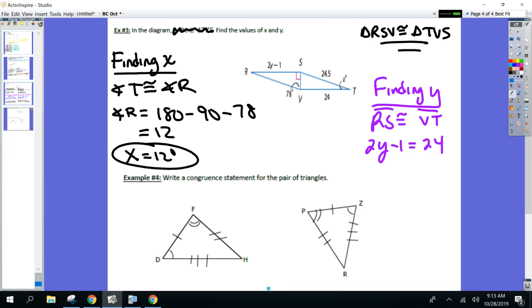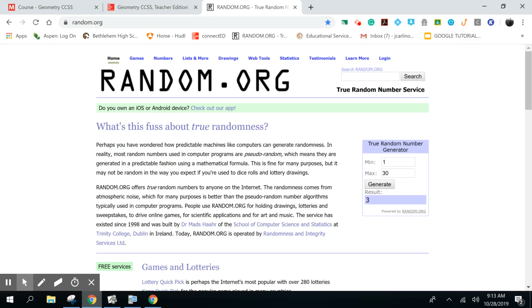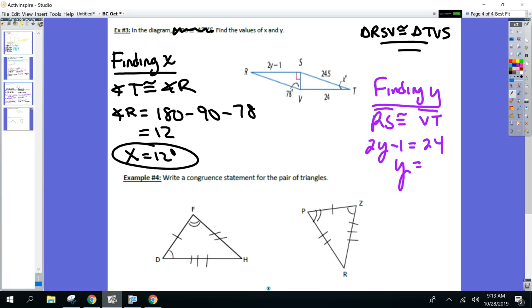I threw that up there just to confuse you. All right, but it does not correspond with ST. It corresponds with VT. And as you solve for y, 17, what do we end up with? 12 and a half. Got it.